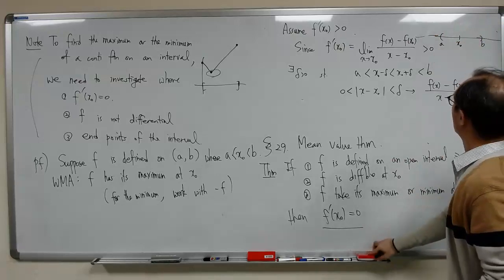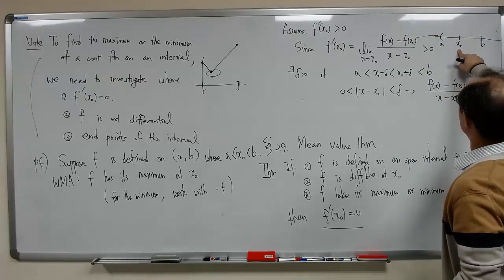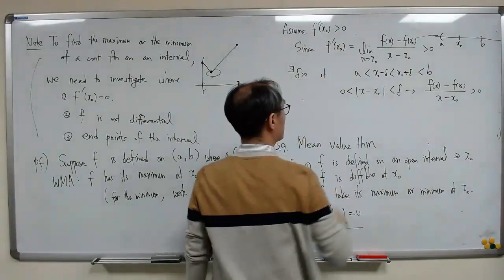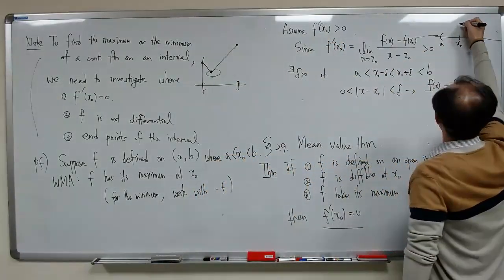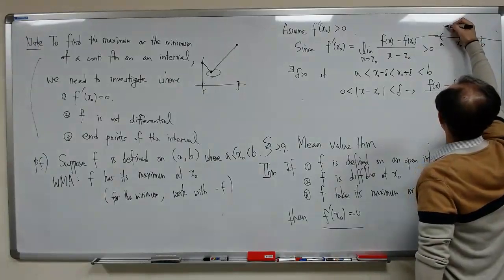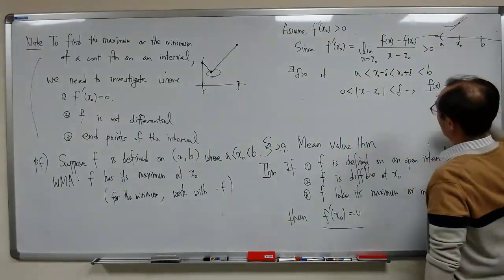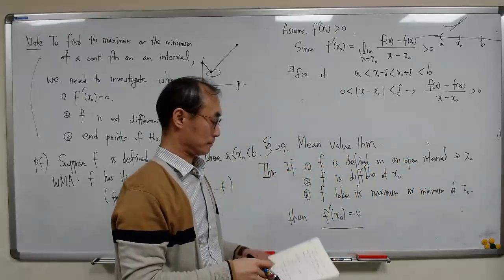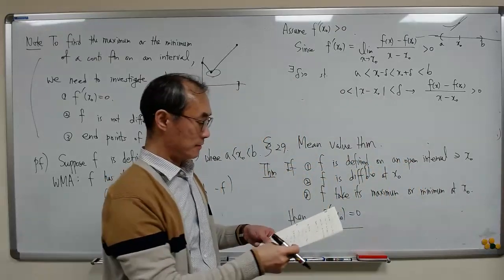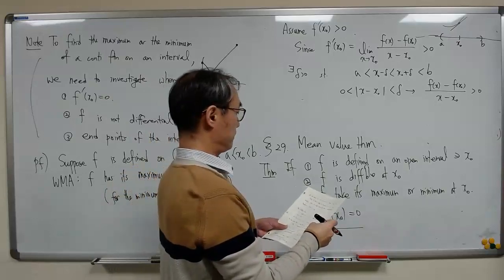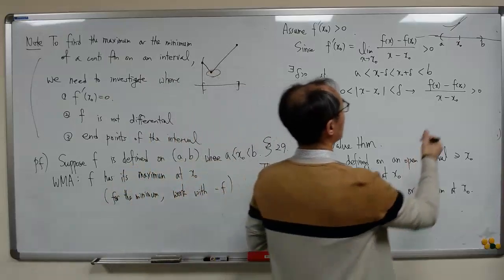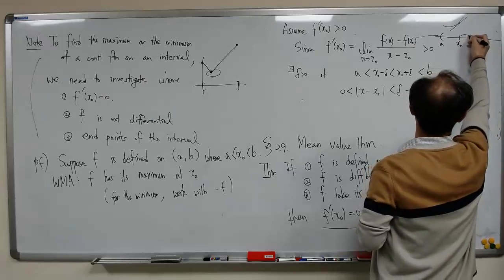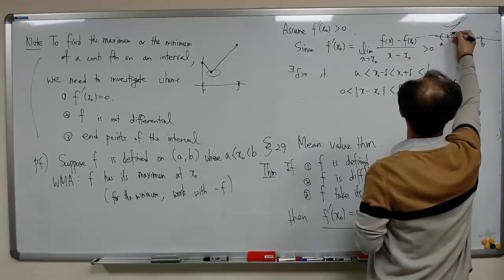So here, for the point x naught, the derivative of the function is positive. That means the function actually has a tangent line whose slope is positive. For such a case, here we have x naught and radius delta and minus delta.